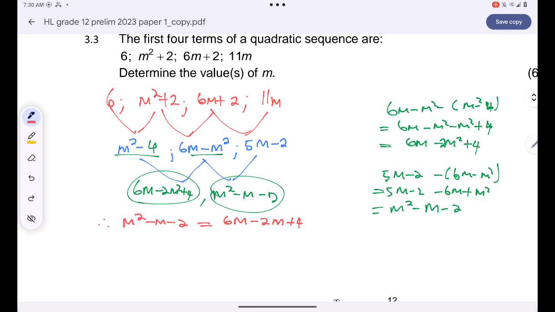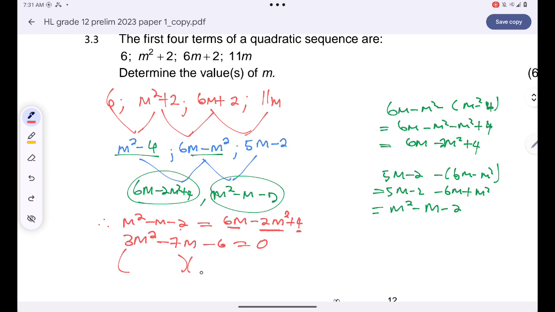plus 4. Then I must bring everything into standard form. If I take this to the other side, I'll have m squared plus 2m squared, that will be 3m squared. And then negative m minus 6m is just negative 7m. Negative 2 minus 4 will just give me a negative 6.